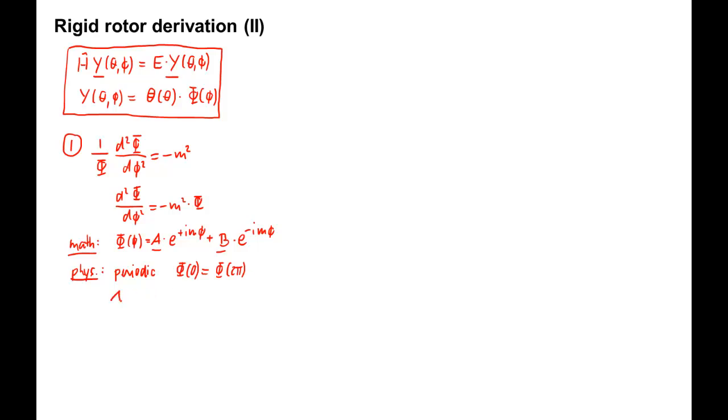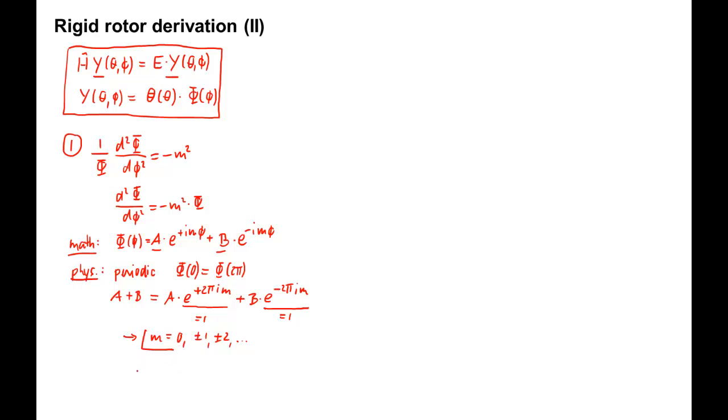This in turn means that A + B equals A e^(+2πim) + B e^(−2πim). This can only be the case if the exponential factors are both equal to 1, which implies that m must be an integer: m equals 0, ±1, ±2, and so on. We have our first quantum number, m.